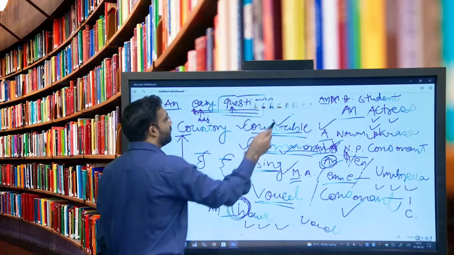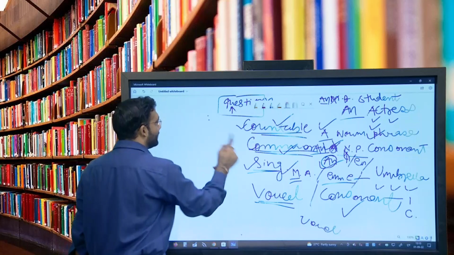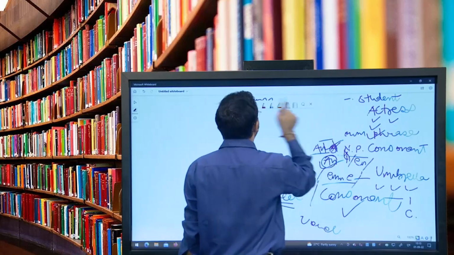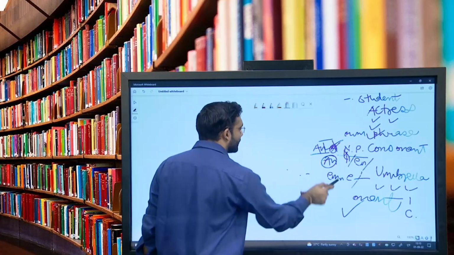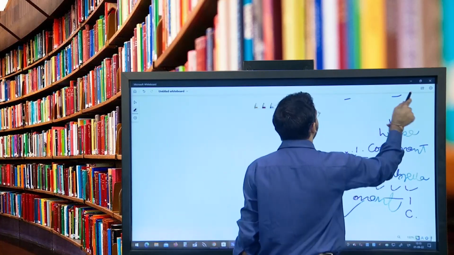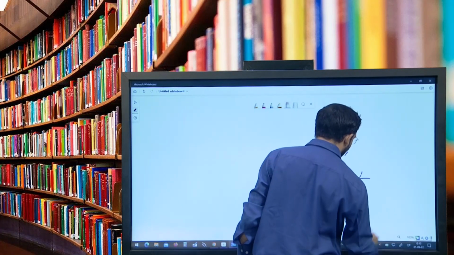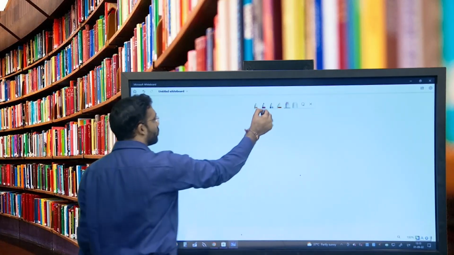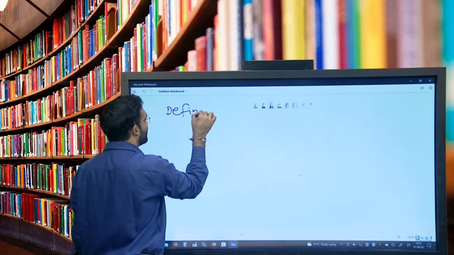Fine. I'm sure this much is clear to each one of you. Let's move to the next one, which are called definite articles. What is it called? Definite articles. This one was indefinite articles. Now we will switch to the next one, which are called definite articles.